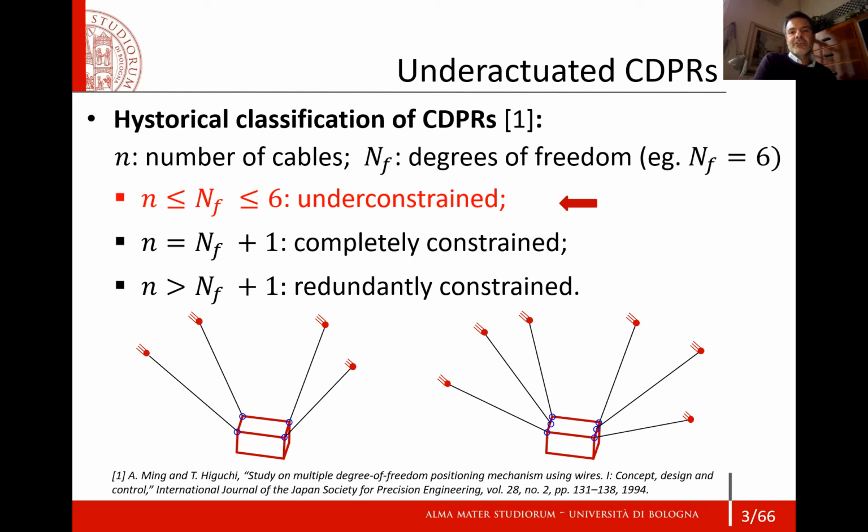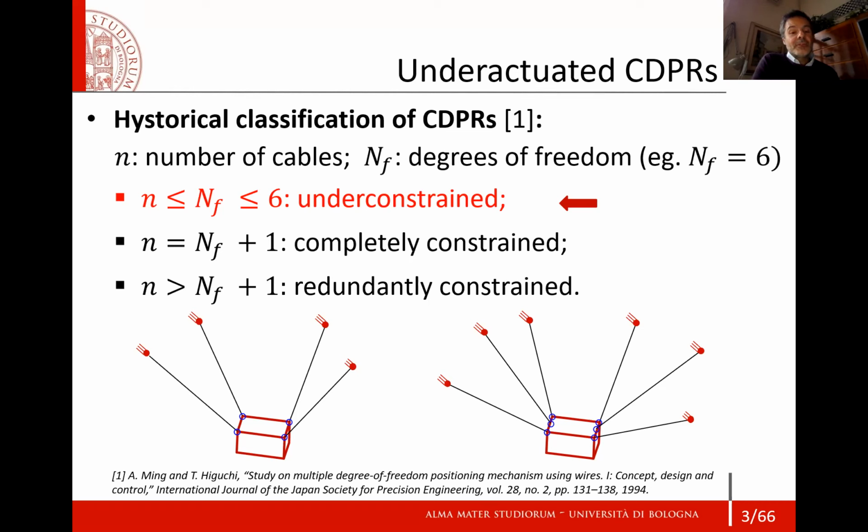According to this classification, CDPRs are classified according to the number of cables, N, and the number of degrees of freedom of the end effector, F. In general, but we can set this number just equal to 6, just to have a simpler number in mind. And according to this classification, when N is not greater than F, the robot is considered under-constrained.